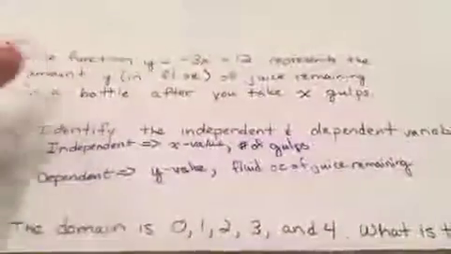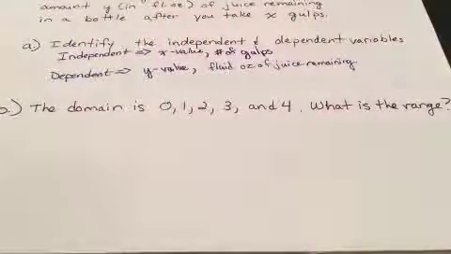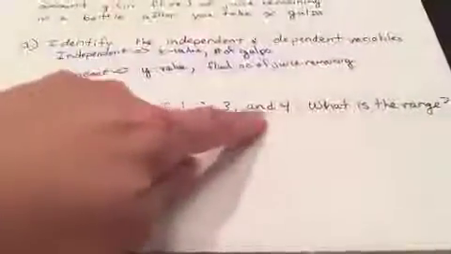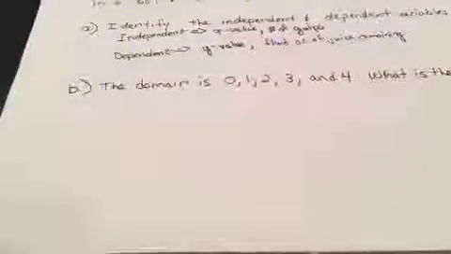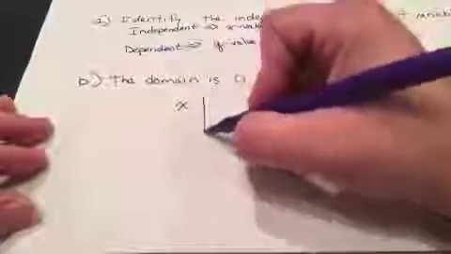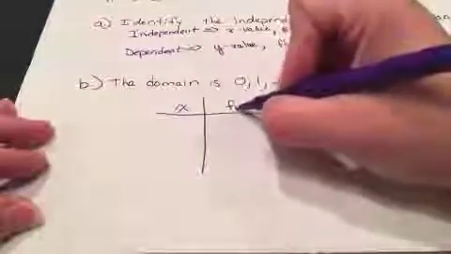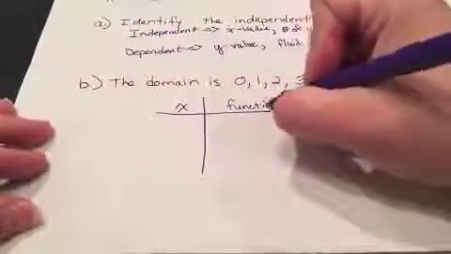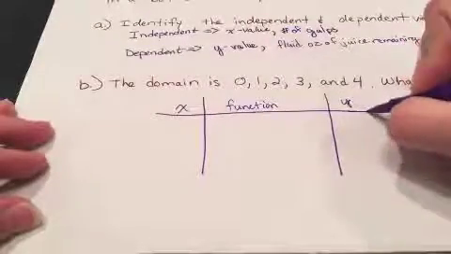Now let's look at part B. The domain of this function is 0, 1, 2, 3, and 4. What is the range? We can solve this by setting up an x and y chart. So we have our x values, our function, and our y value.